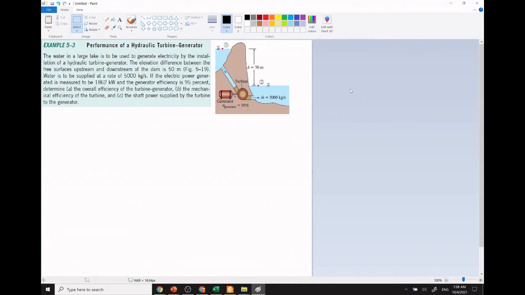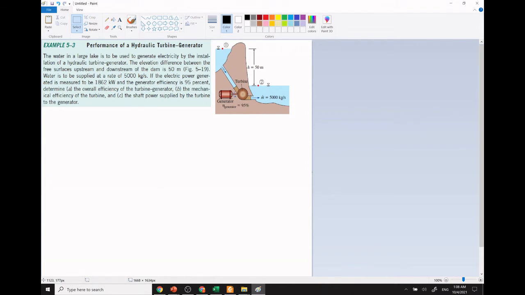Alright, let us look at example 5.3. Example 5.3 looks at the performance of a hydraulic turbine generator. You can see that water is flowing from point 1 to point 2, and as the water flows down, it flows through a turbine.